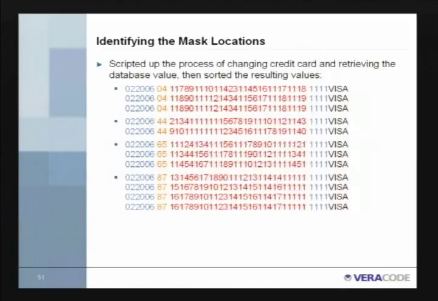We noticed that any time those 2 characters were 04, there was a commonality in the structure of the way the data appears in the red section. And similarly for 44, 65, and any other digit pair between 00 and 99, we saw a pattern of, hey, look, most of the ones appear in the same place.